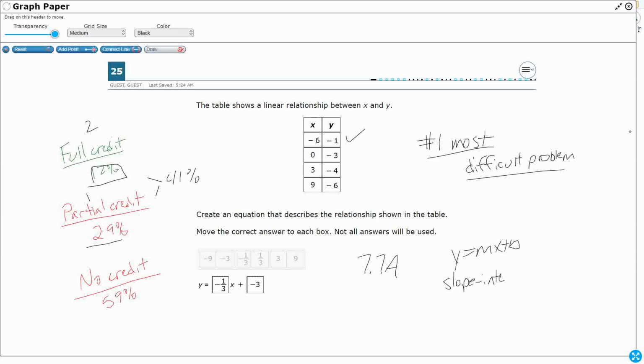But how much time do we as educators really spend talking about what that b means, what that m means? We spend a lot of time in 7th grade talking about y equals kx and talking about the constant of proportionality, but do we see that these kind of serve that same function? And how do we calculate m by itself?